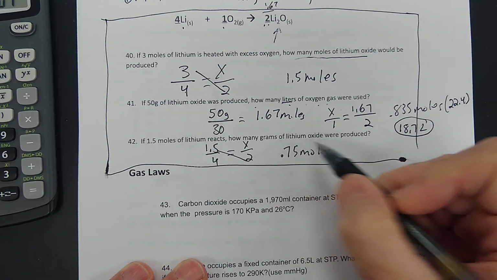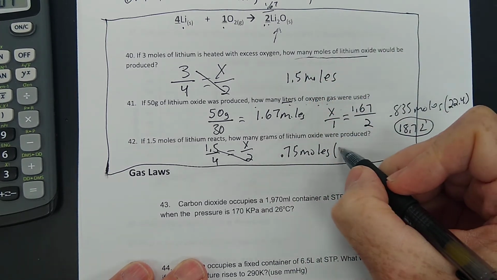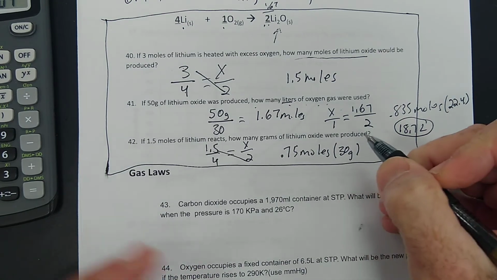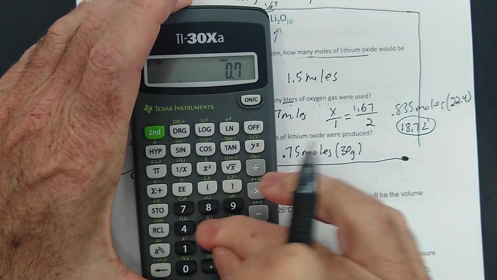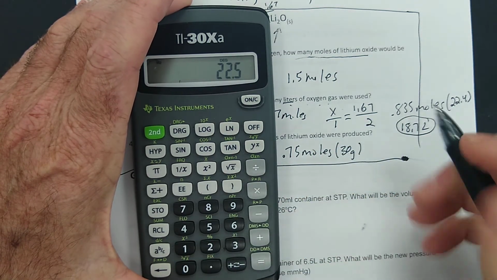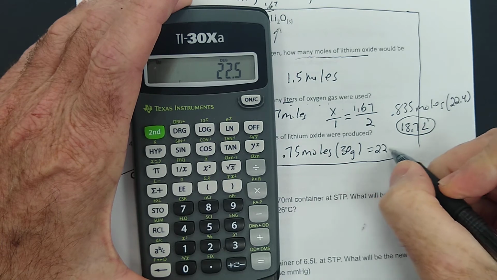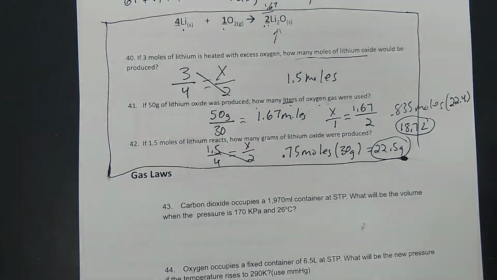But it says how many grams of lithium oxide, remember we said it weighs 30 grams. So 0.75 out of 30. 22.5 grams. All right, again, replay it if you're not understanding.